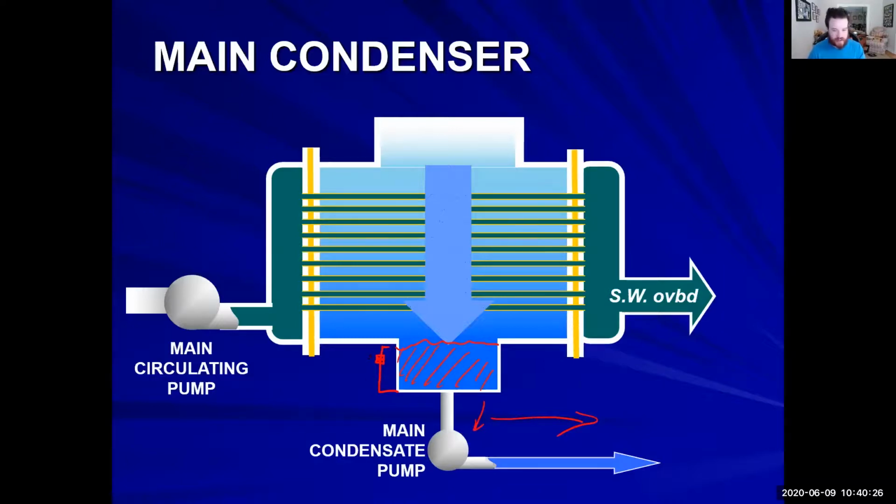So this bob is important to let you know what speed you should be running these main condensate pumps. You don't want it filled up, so now you have a liquid level up here. You want down here a nice solid liquid level, so that you don't break the seal and the pump doesn't become airbound.